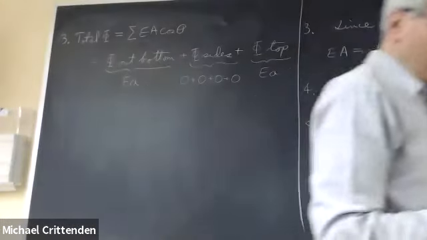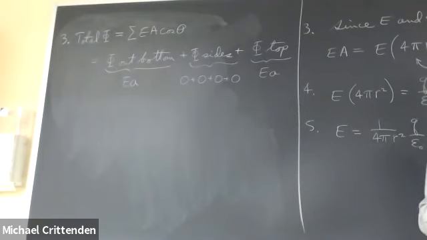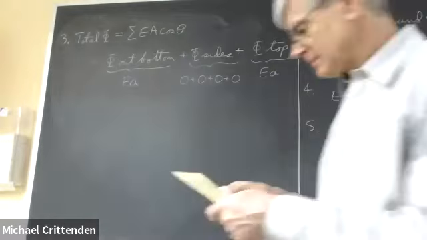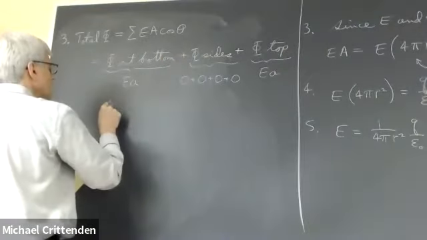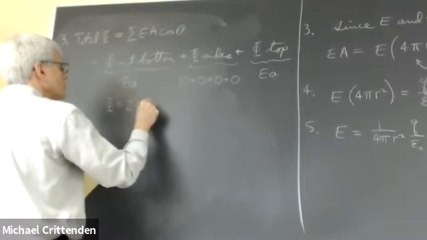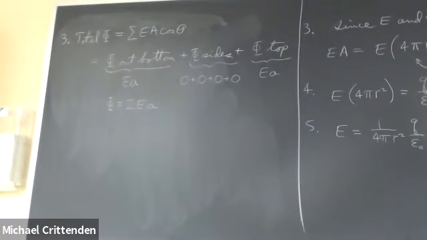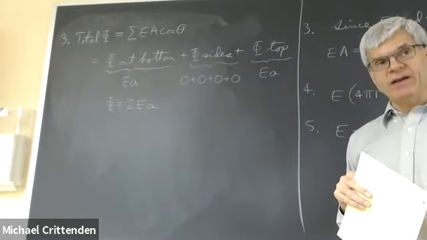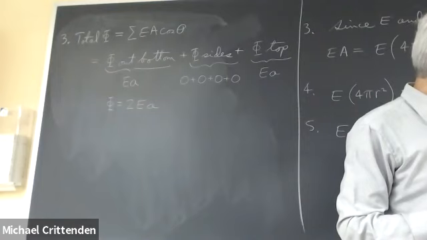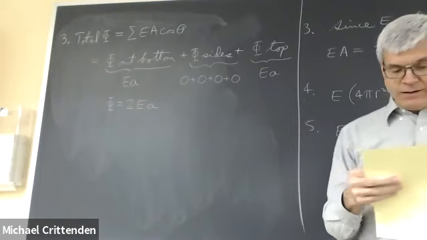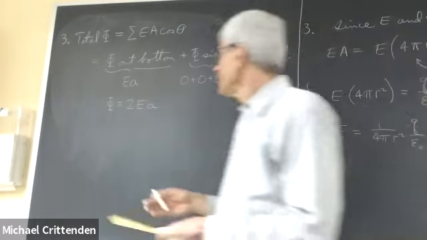And just like the bottom, the flux through the top is E times A. So, put it all together, and the total flux through the entire box, all 6 sides, adds up to 2 times E times A, where E is the field on top of the box and A is the area of the top of the box.